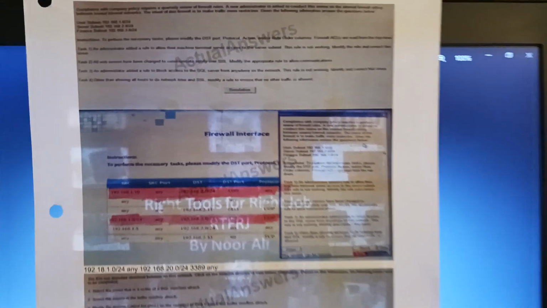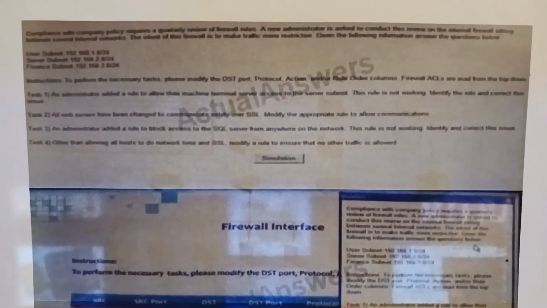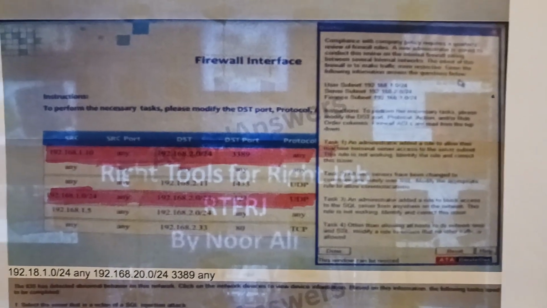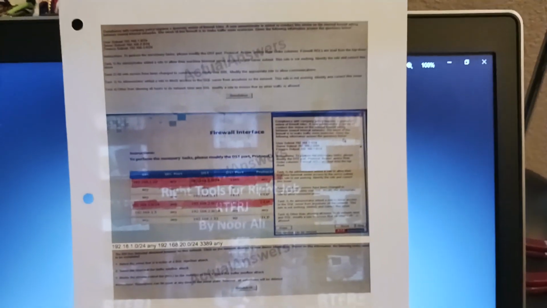So earlier I may have introduced something to do with firewall troubleshooting, firewall interface. But here is this scenario. Okay, so the scenario is a question. So these are the simulation type of questions.